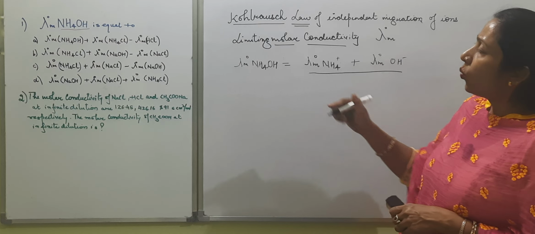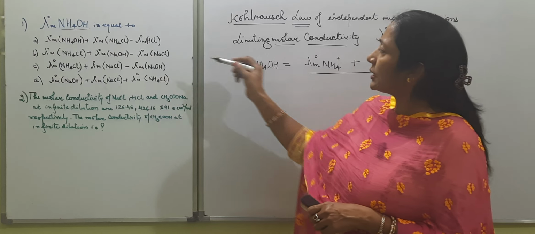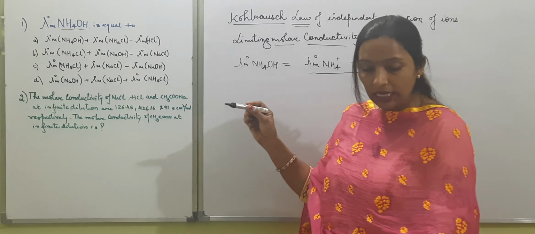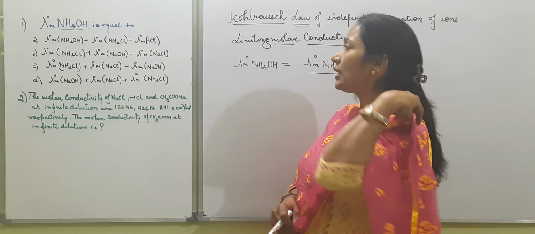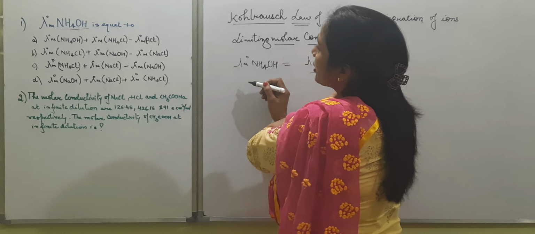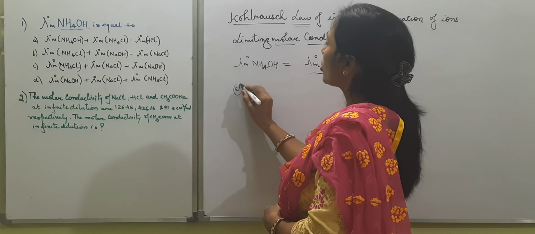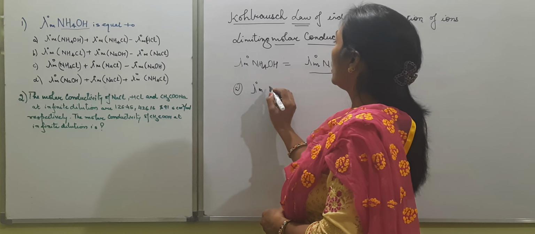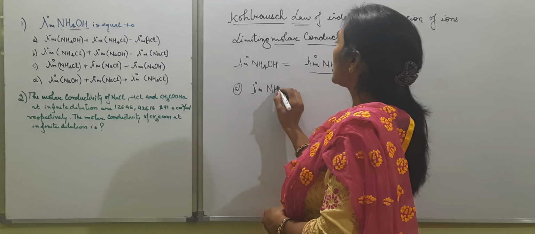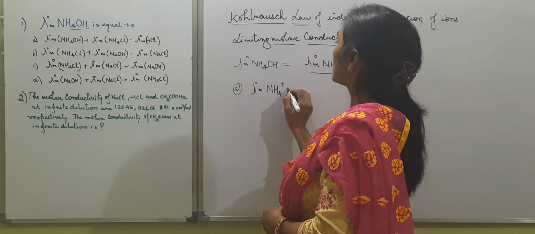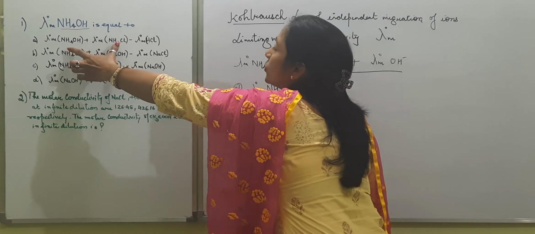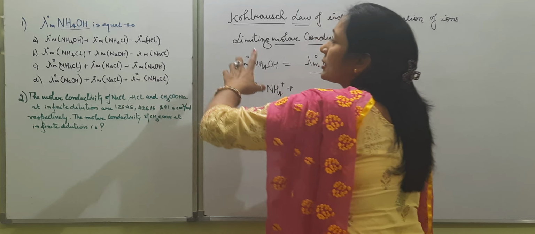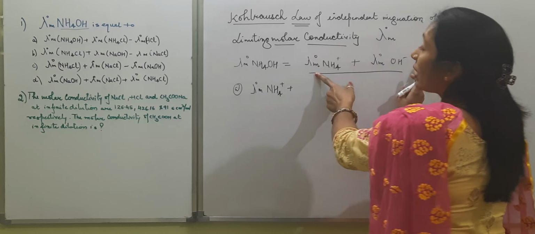Now, which option is giving this? Let's check the first one. What is the first option saying here? The limiting molar conductivity of NH4 plus, we have to write it separately here so that we must have this value here.